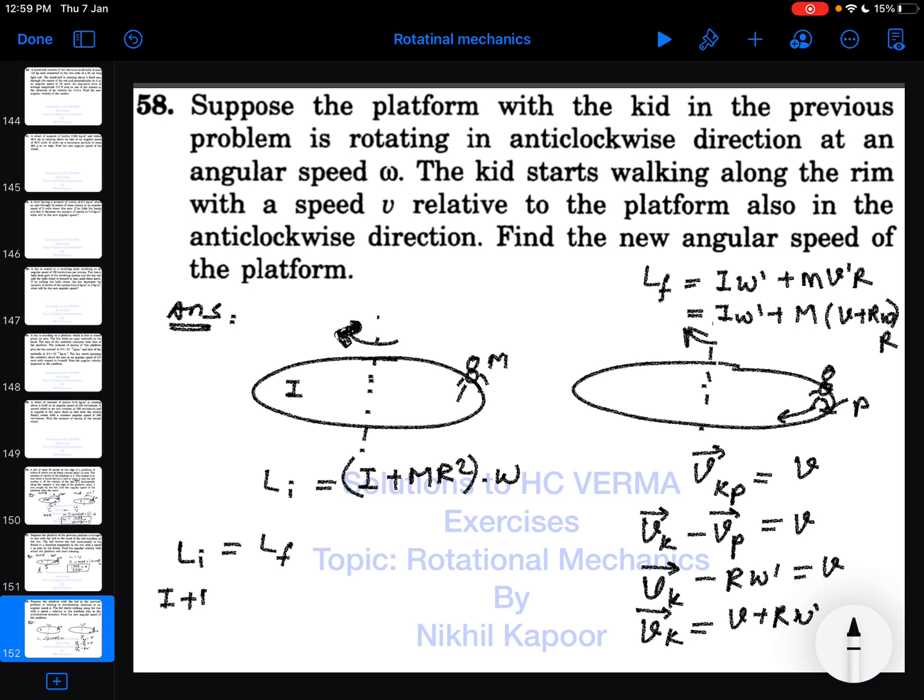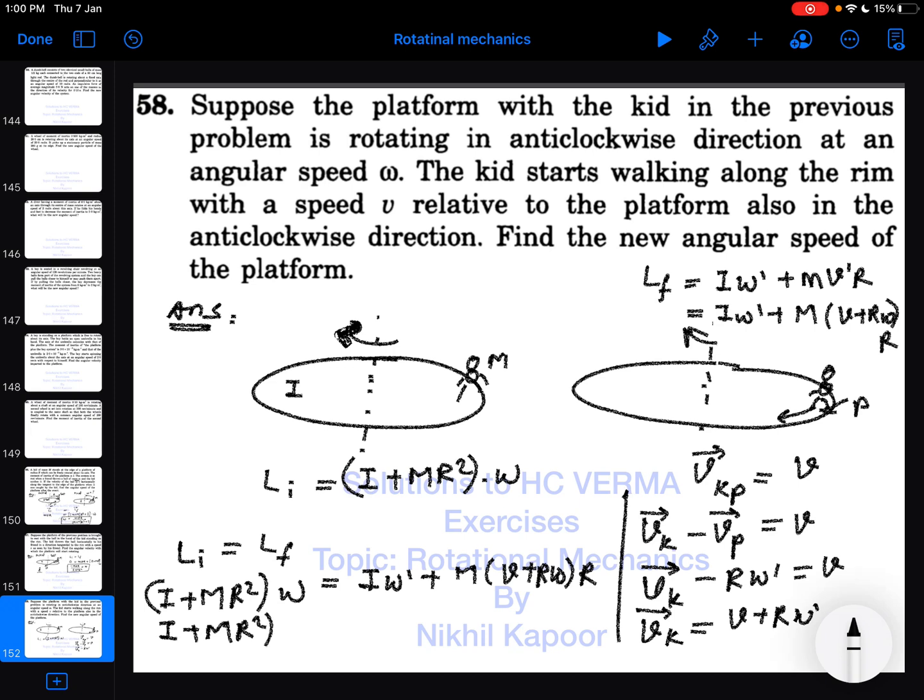So it will be I plus m r square into omega is equal to I omega dash plus m in bracket v plus r omega dash into r. Now I can expand this: I plus m r square into omega is equal to I omega dash plus m v r plus m r square omega dash. We need to find omega dash here.